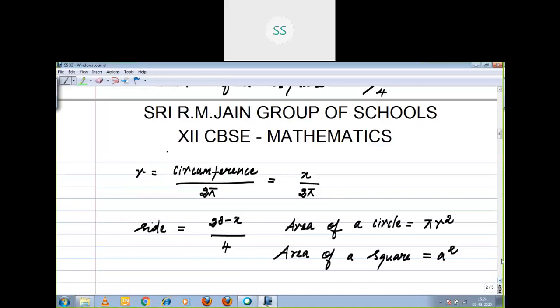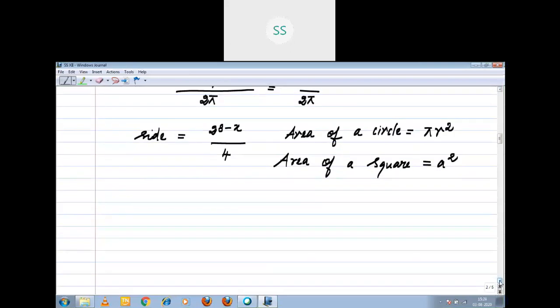Now we are going to substitute the values in the formula, right? We want to prove the area is minimum. Using that we are going to get a function in terms of area of a circle plus area of a square, right? Now, what is the area of a circle? Area of a circle equals pi into, what is the radius you assigned? x by 2 pi, the whole square, right children?